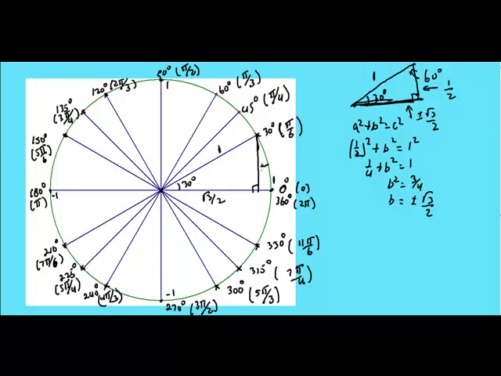And that is 1/2. So therefore, this point right here can be represented as the x value from here to here is rad 3 over 2, y value is 1/2. So I write x first, which is rad 3 over 2, and then I write the y value, which is 1/2.